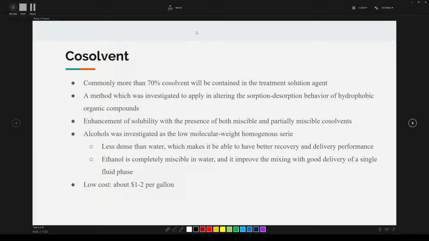And ethanol, as you can see in the last slide, is also a commonly used species of co-solvent, and it is completely miscible in water, so it can largely improve the mixing, with good delivery of the single fluid phase. And the most important thing for co-solvents is that they are really low cost. We just need to use $1 or $2 to buy a gallon of the co-solvent solution.